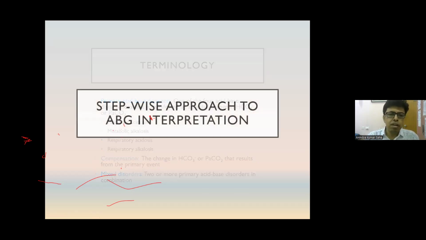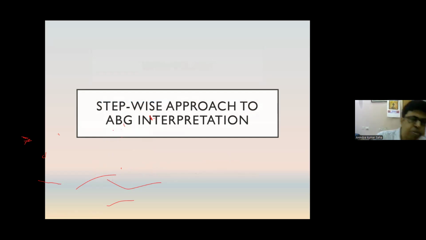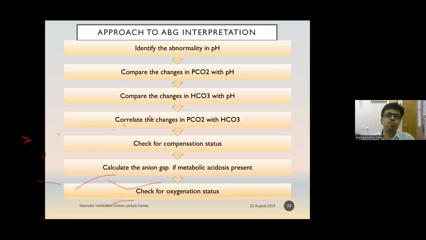So there is a stepwise approach to ABG interpretation. First, identify the abnormality in pH. Then compare the changes in PCO2 with the pH. If we can identify whether pH is acidic or alkaline, we then relate whether it is due to a PCO2 change or a bicarbonate change.